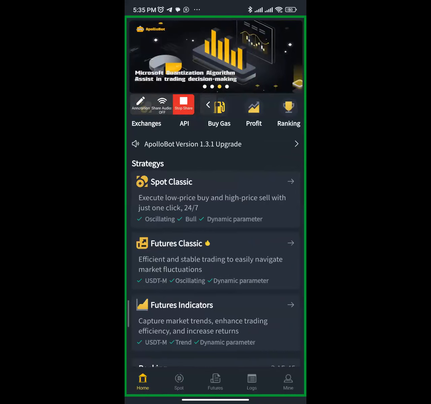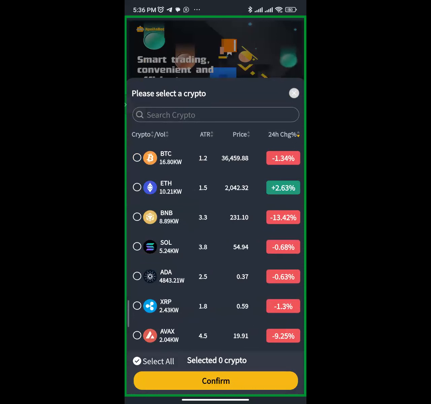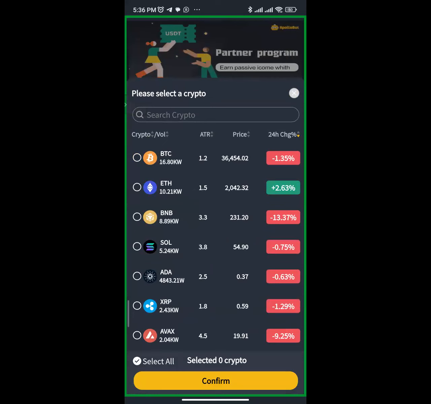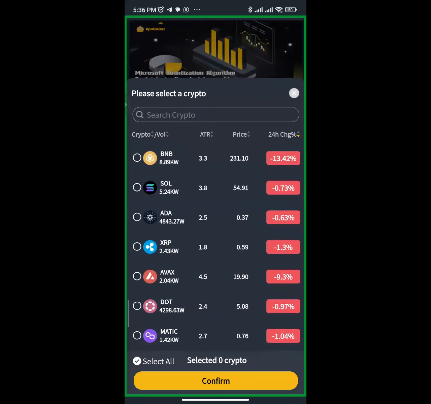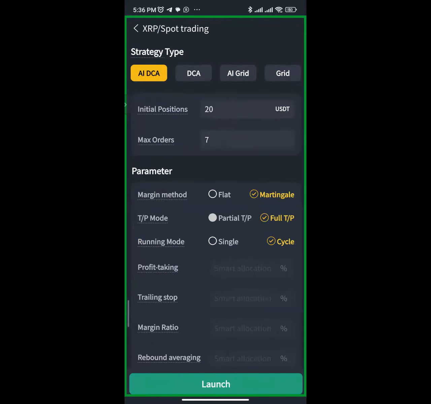So if you have $100, you tap on the sports market, you want to trade with your $100, and mind you, putting $100 or $300 on the AI DCA, well, your results might not be very fantastic. So I will advise you just trade with your DCA system.